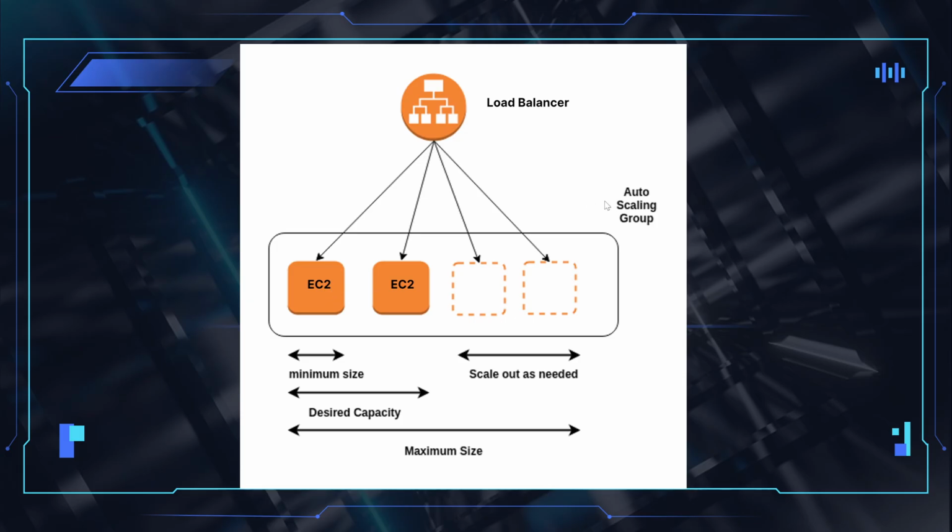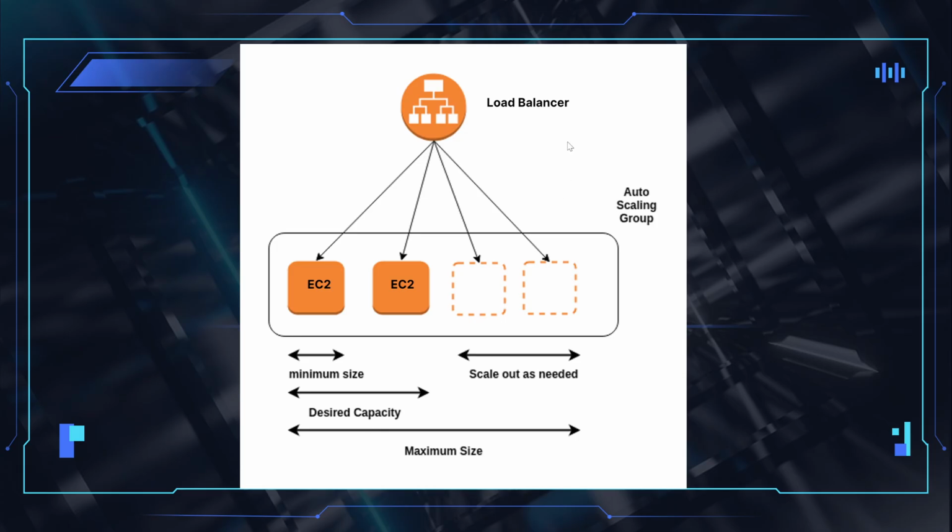So you need to auto scale by creating multiple servers so that users get a response to whatever they are requesting. Here is the desired capacity. As soon as there is a load on a server, the EC2 instances get created. You can see there are two EC2 instances running over here, that is the desired capacity.